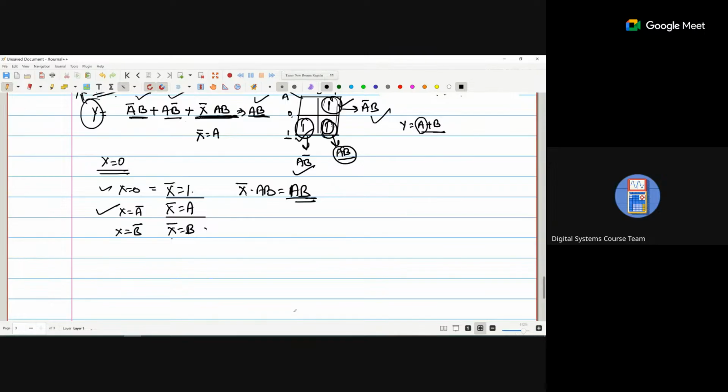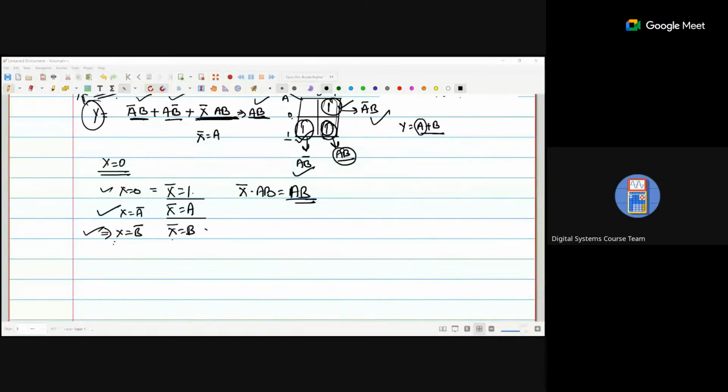Now this and this option are available, so I take these two options. If this option is also available, I can tick this option also, because this is also a correct option, but that is not available in the options. Clear? Any doubt? No, sir. Okay.